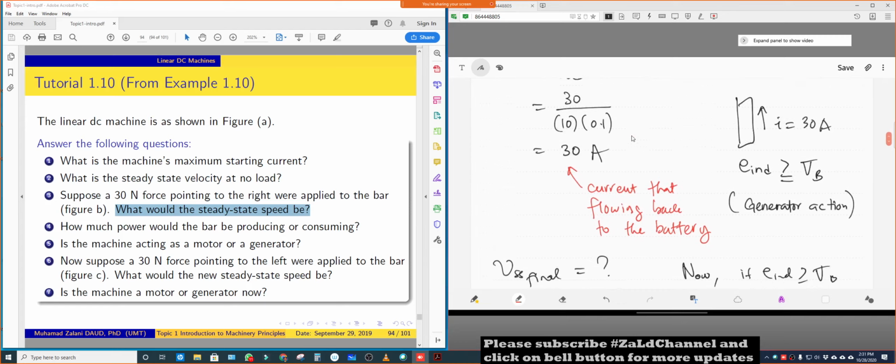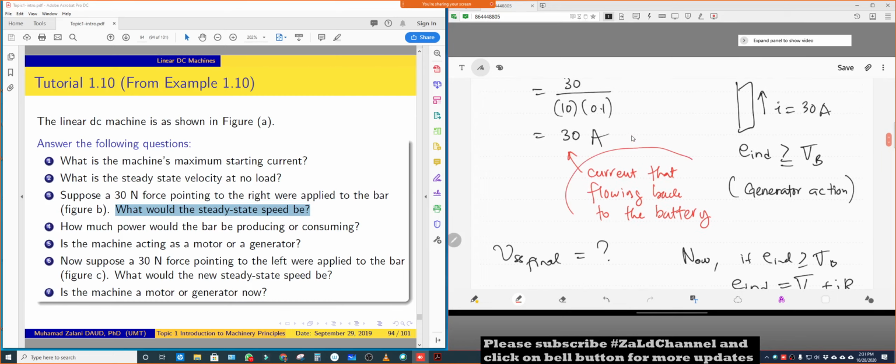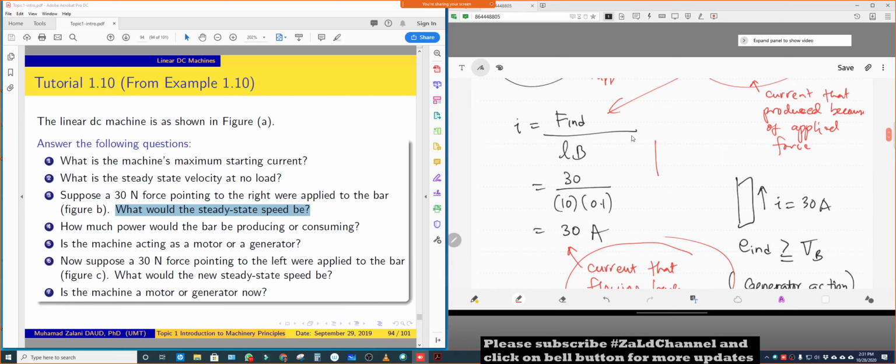We get the current 30 ampere, and this current is actually flowing back to the battery. Meaning that if we have this bar, it already has the force induced to the right direction, and then we apply another force.